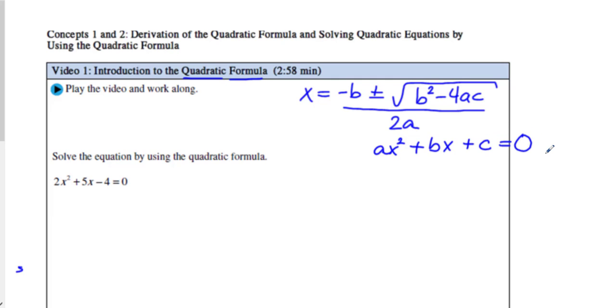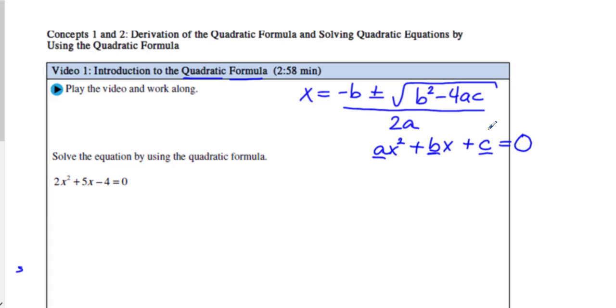The key with the quadratic formula is, one, you have to have your quadratic set equal to 0. That's a little different from completing the square. Then we're just using these coefficients: the a in front of the x squared, the b in front of x, and the c is the constant. We just plug these numbers into this formula and work it.